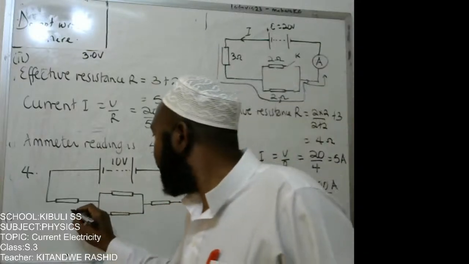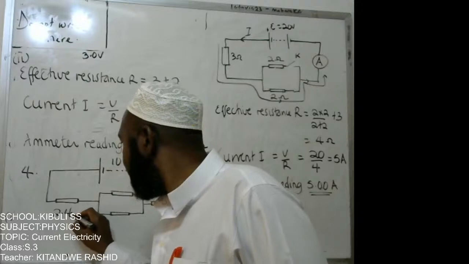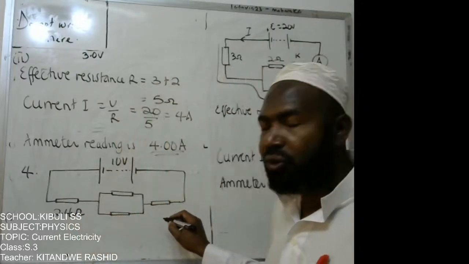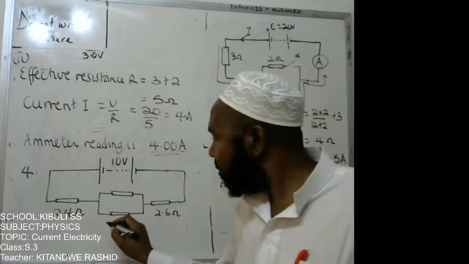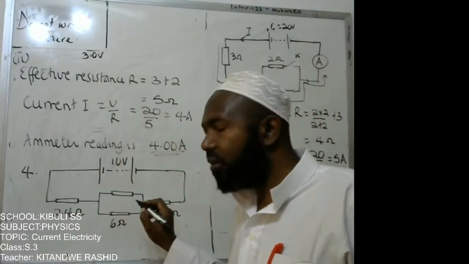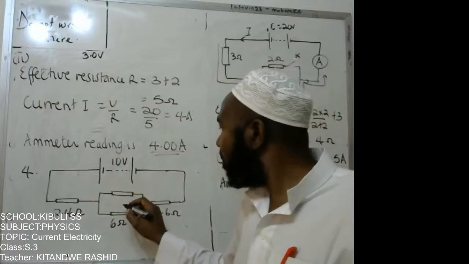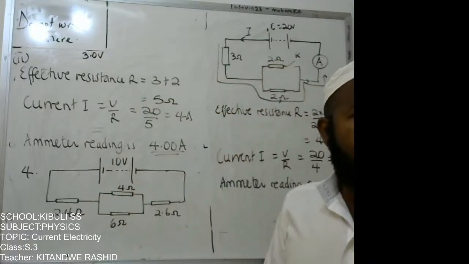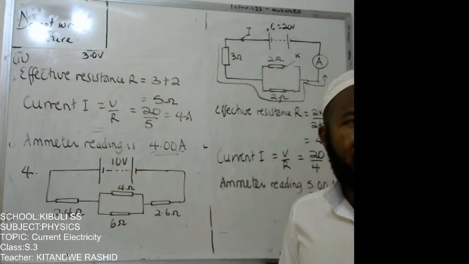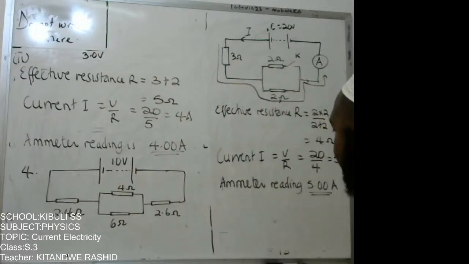So this is 2.4 ohms, 2.6 ohms, 6 ohms, and then 4 ohms. So the following are the questions. Calculate the effective resistance of the circuit.